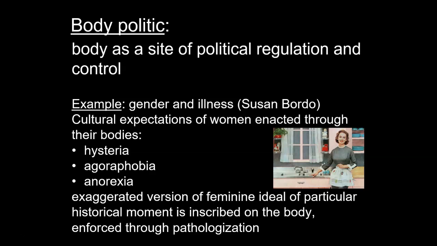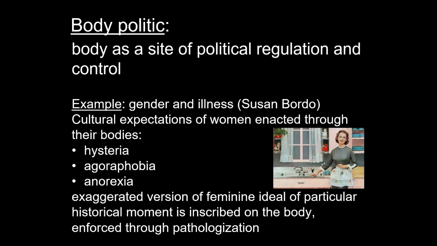So she's saying it's an exaggerated version of the feminine ideal of the domestic sphere for women, the idealized 1950s housewife, that became a pathologized version of what that current cultural expectation of women was. All right.